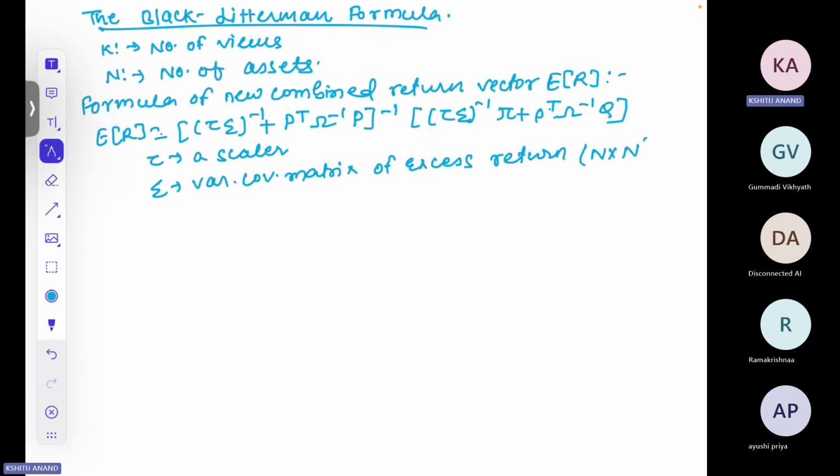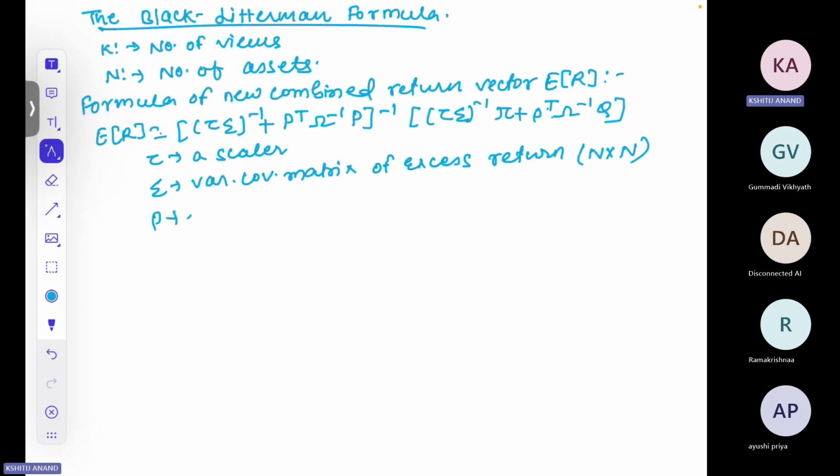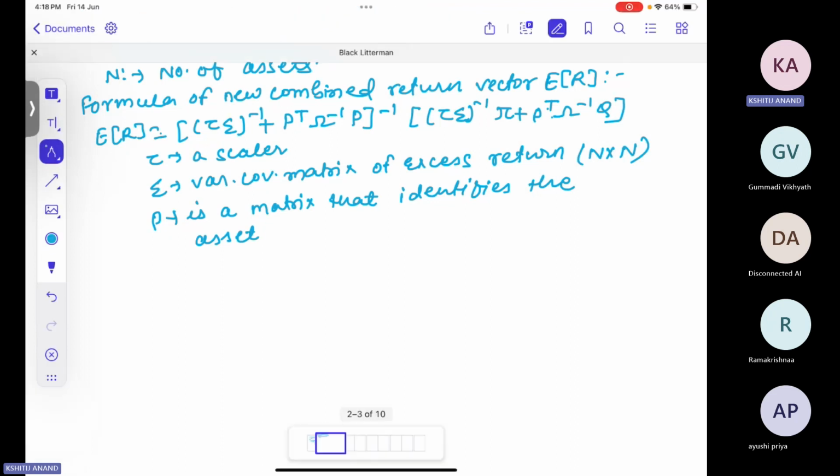Now, what is P? So P is a matrix that identifies the assets involved in the view.